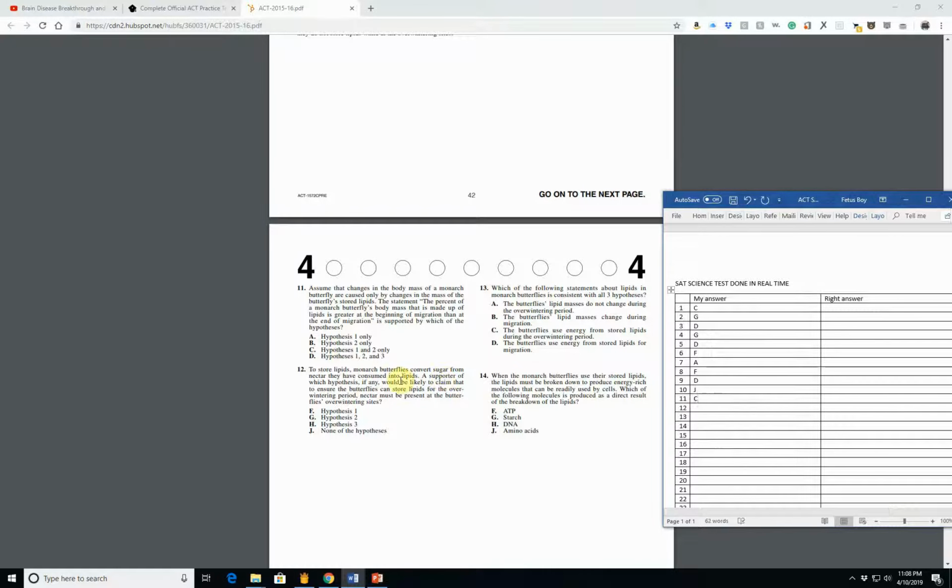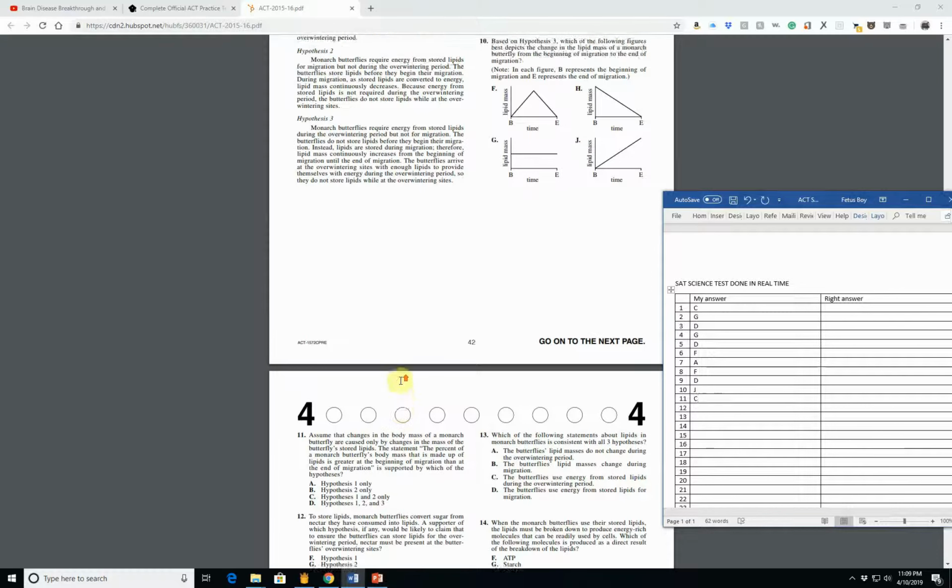Okay, and 12. To store lipids, monarch butterflies convert sugar from nectar they've consumed into lipids. Which hypotheses likely mean the butterflies can store lipids for the overwintering period, so nectar must be consumed by the butterflies?